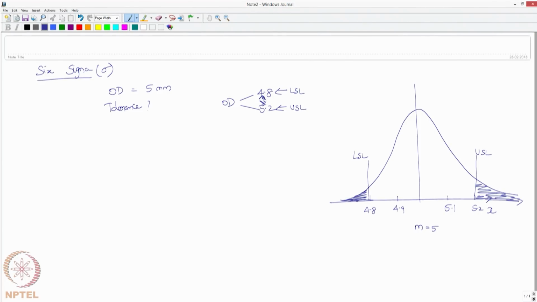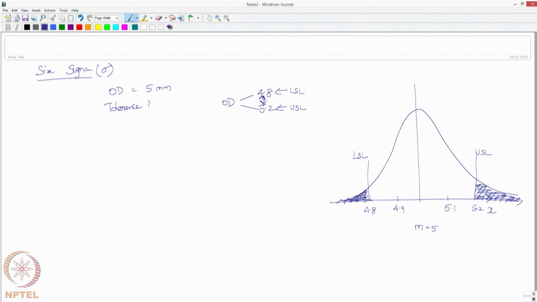Okay. Now, this area together will define the sigma of your process, whether it is a 3 sigma, whether it is a 4 sigma, whether it is a 6 sigma process. Okay.